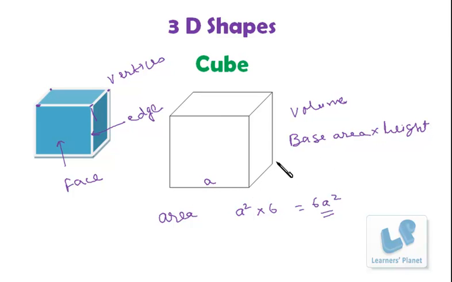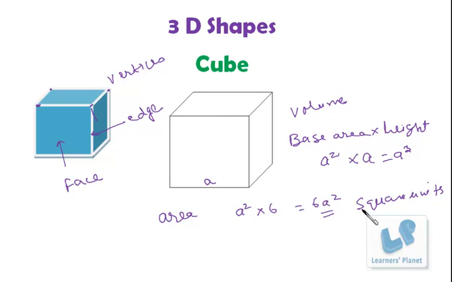Since the base is also a square, the base area will be A square, and since it is a cube, the height will also be A. So base area is A square and height is A. So the volume of the cube is A cube, and the unit will be cubic: cubic centimeter, cubic meter, cubic inch, cubic foot, something like that. And the unit of area will be in square units: meter square, centimeter square, square inch, something like that.